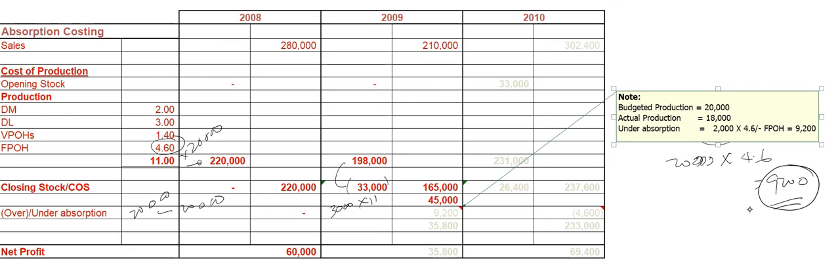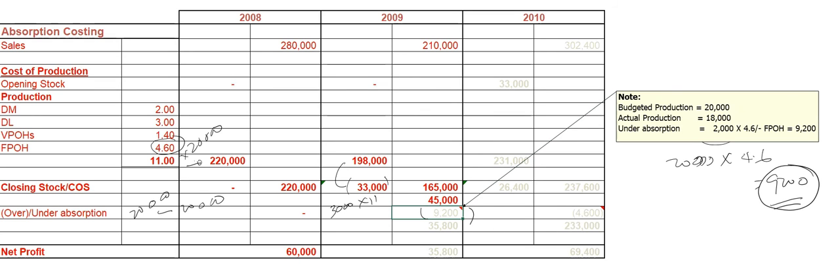Okay, so since it is under absorbed, you need to minus it. Which means from the profit, since the cost has been under absorbed, you need to deduct it. Okay, so which will be 9,200.